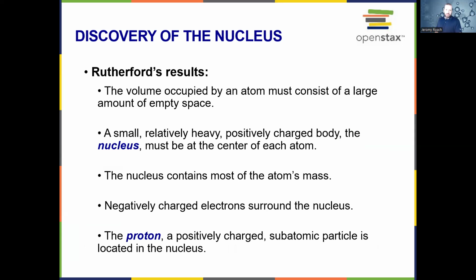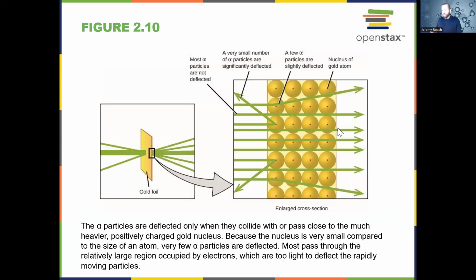So there's a small, heavy, positively charged body called the nucleus that must be at the center. That's what he had discovered from this: that the nucleus contains most of the atom's mass and that negatively charged electrons are surrounding that nucleus. And also that the proton is positively charged and is located inside of the nucleus.